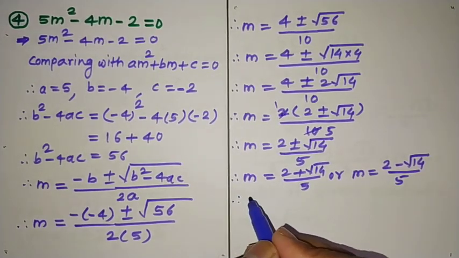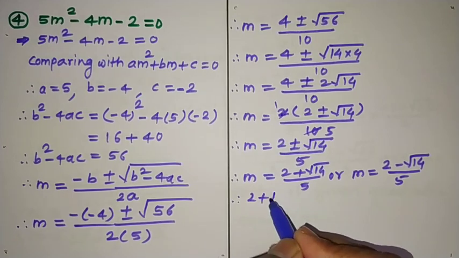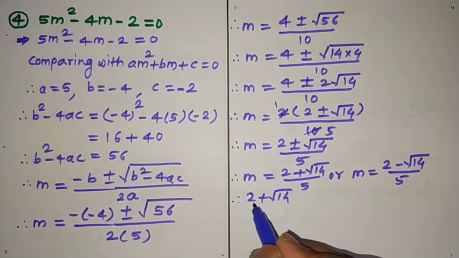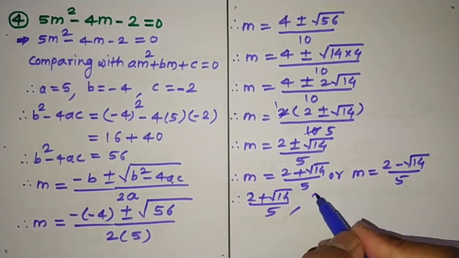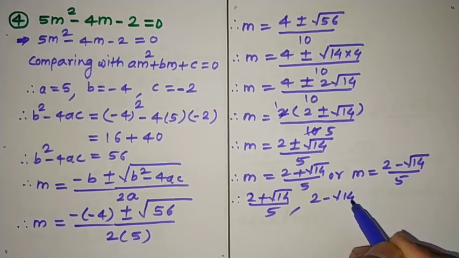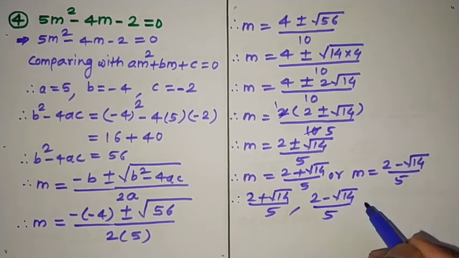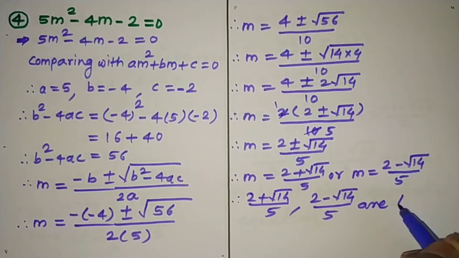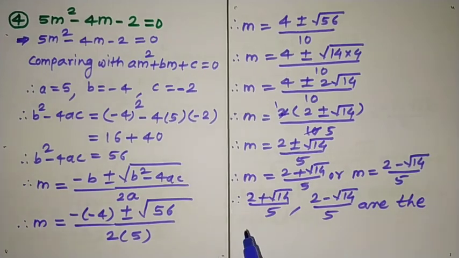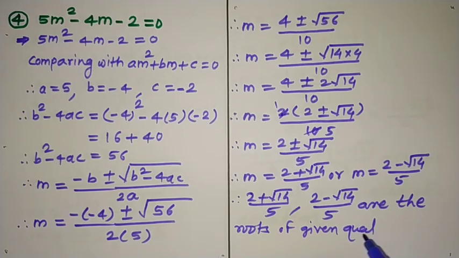Therefore, 2 plus root 14 upon 5 and 2 minus root 14 upon 5 are the roots of the given quadratic equation.